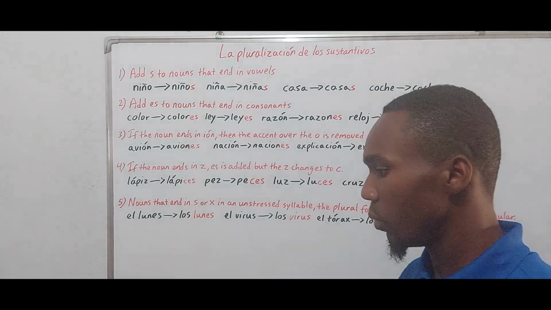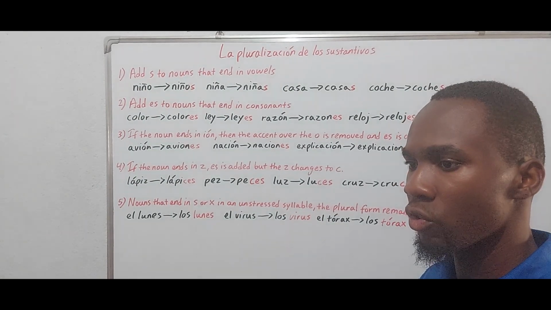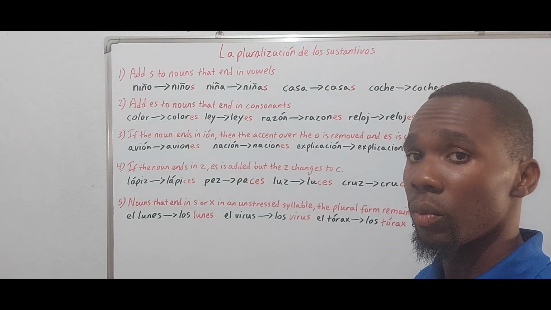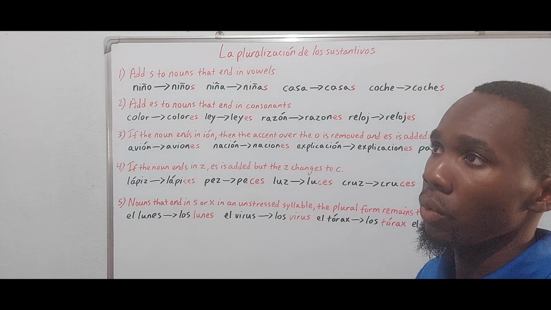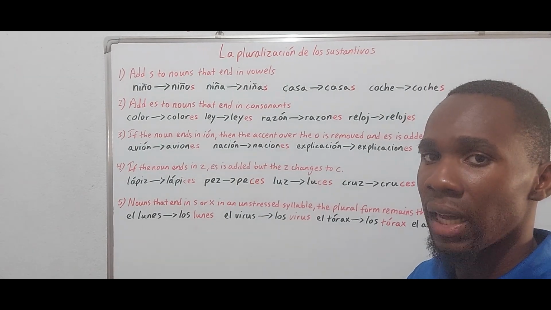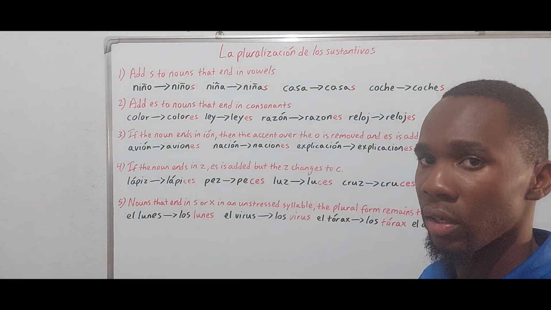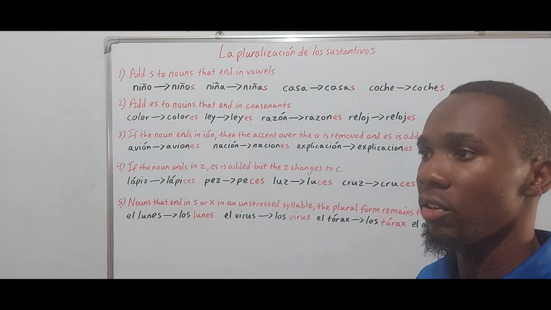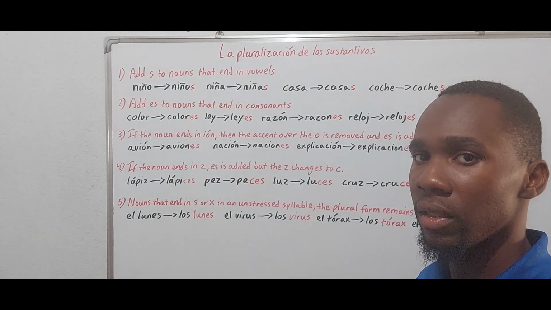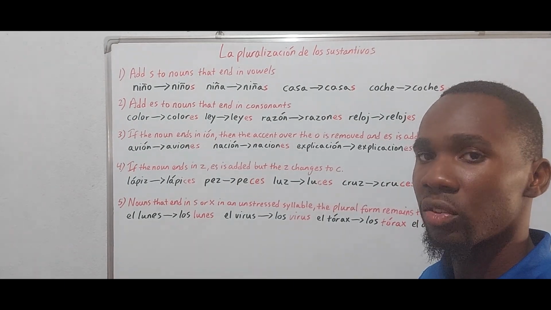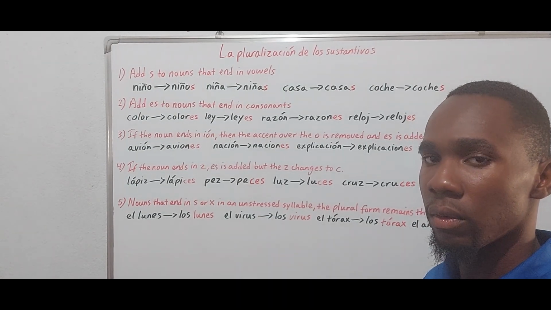Okay, a few more things before we leave. When we have a group comprising more than one gender, male and female, even if there's one masculine noun, the group as a whole will be masculine. So if we have a group of students, and there is one male and the rest are female, we still refer to them as los alumnos, the students, or los estudiantes, right?